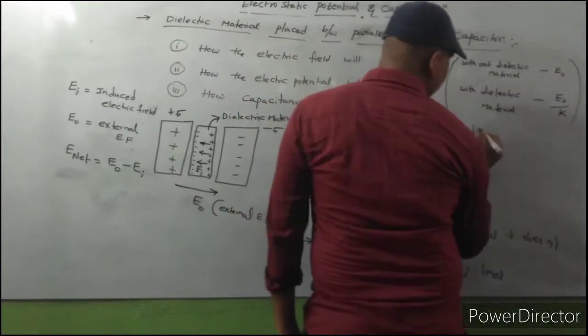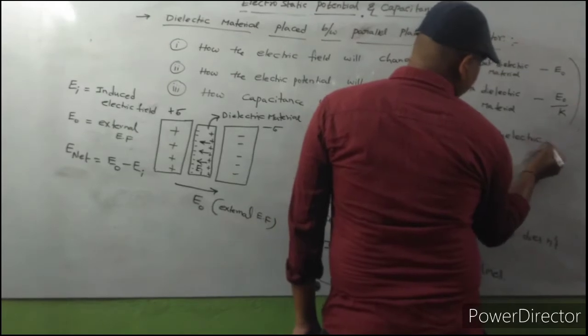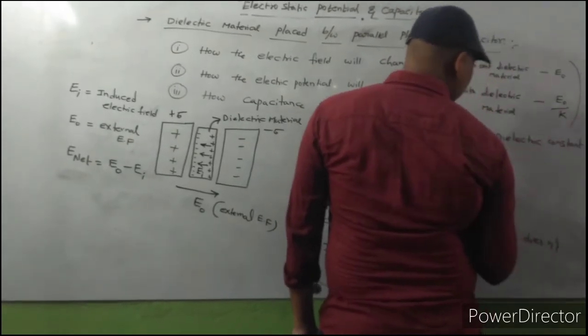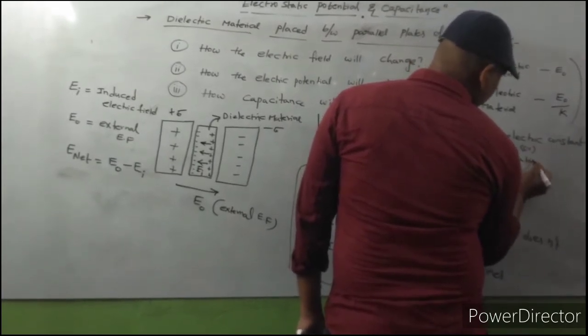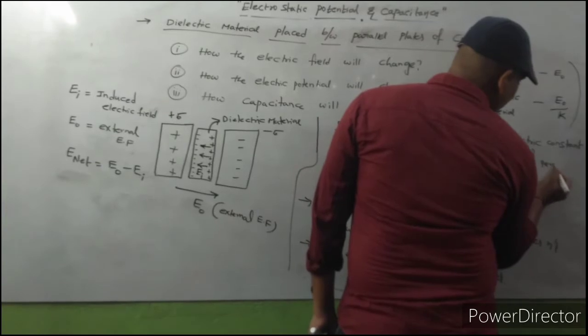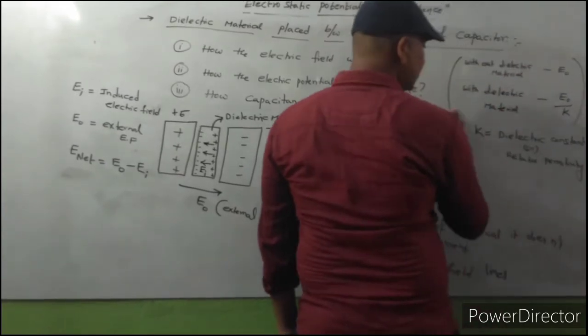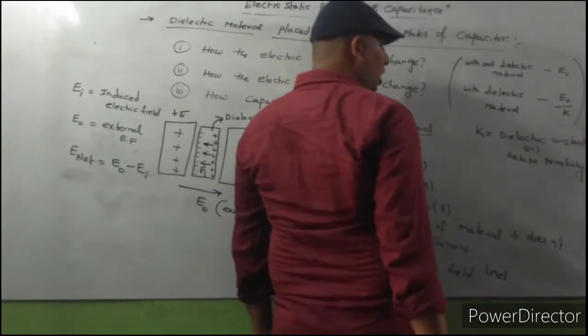What is K here? That is the dielectric constant. This is also called relative permittivity, indicated with epsilon r.